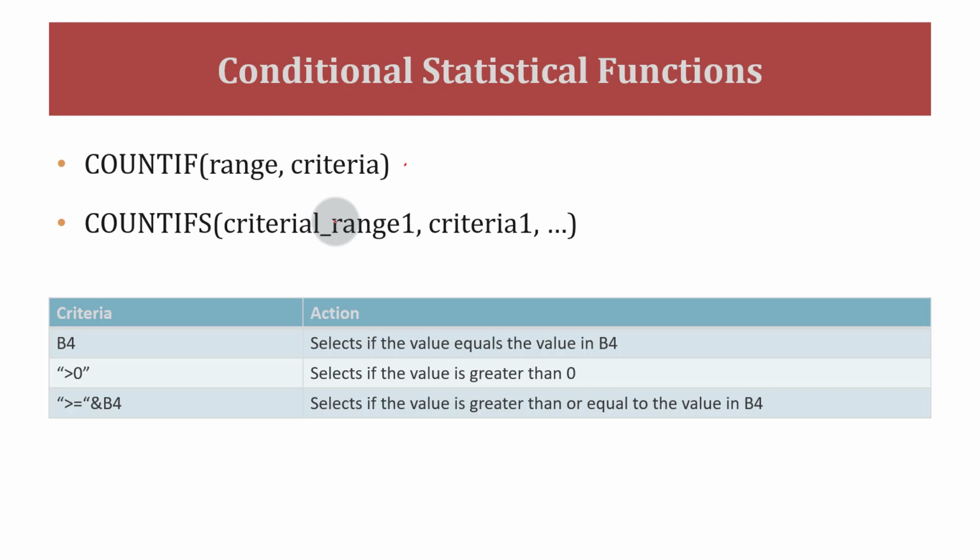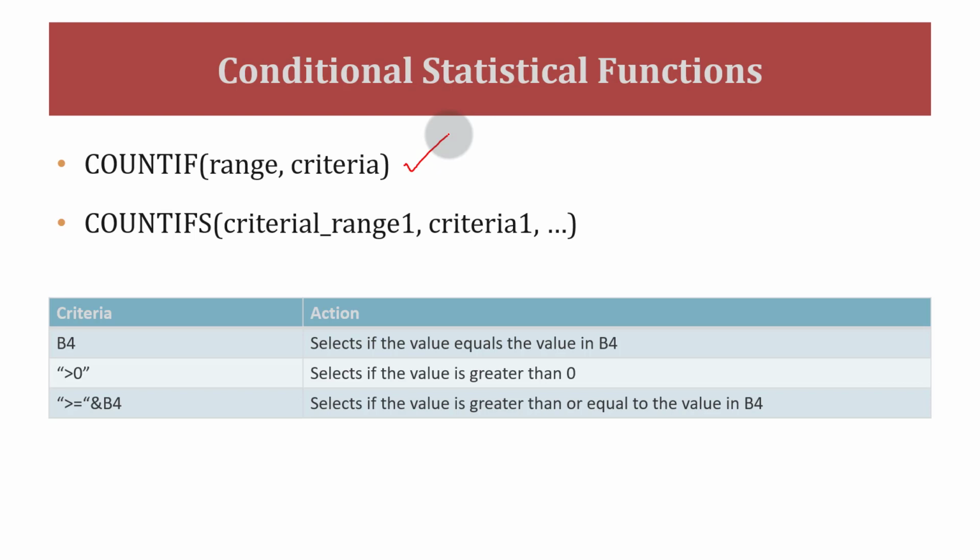So you see the COUNTIF function has two arguments in its syntax. The range, that would be the range of cells that you were looking to count, and then the logical criteria, right? For the range, this would be the range of cells that it will actually count over.